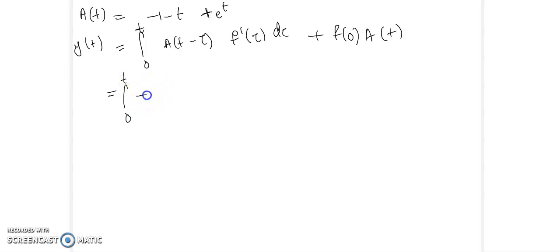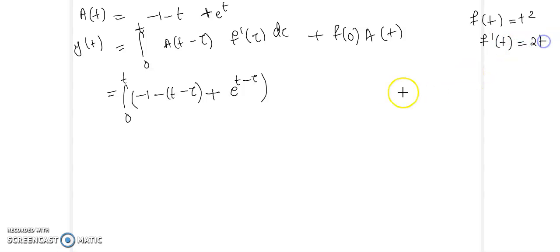So a of t minus tau is minus 1 minus t minus tau plus e raised to t minus tau. Our right hand side function was t square. So f dash of t will be equal to 2t. So 2 tau d tau plus f of 0 will be equal to 0.